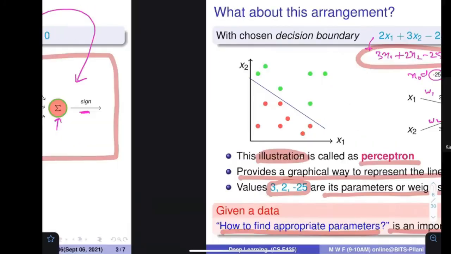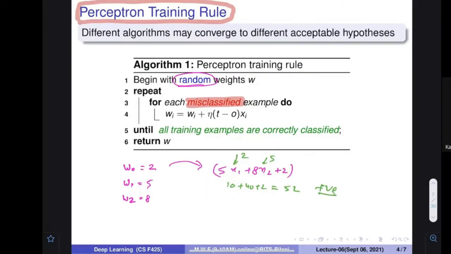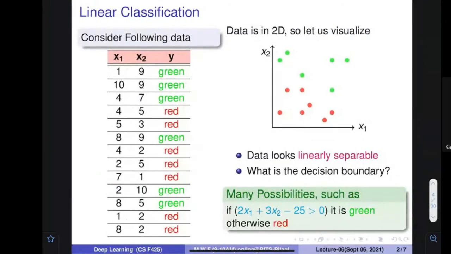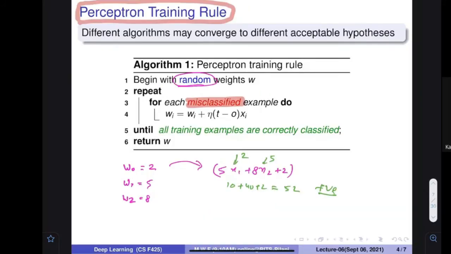Okay, so which class is the item 2, 5? It becomes green. It is a green point. Is it a green point in the database? No, it is a red point. So there is a problem. Let me see another point, 1, 9. It is 5 multiplied by 1 plus 8 multiplied by 9 plus 2.